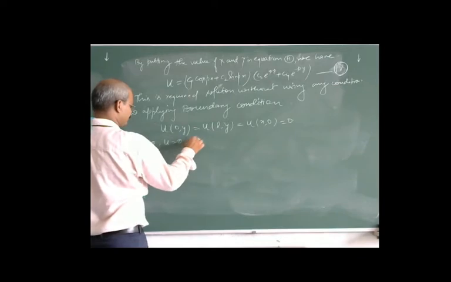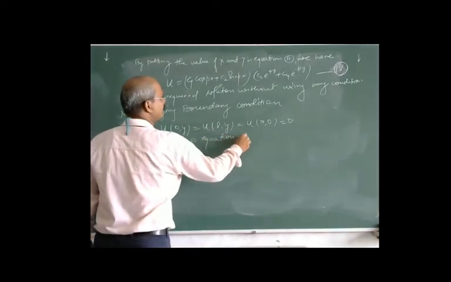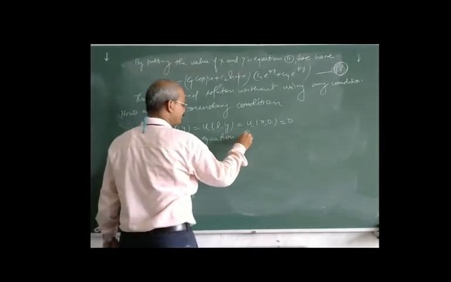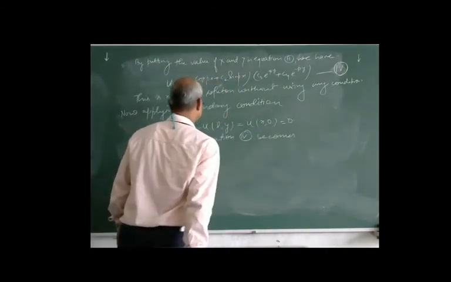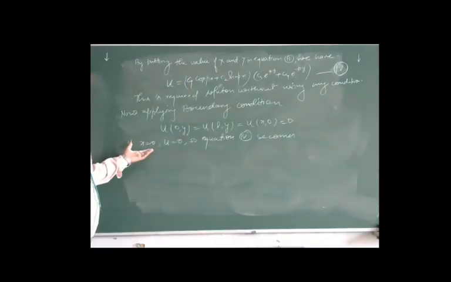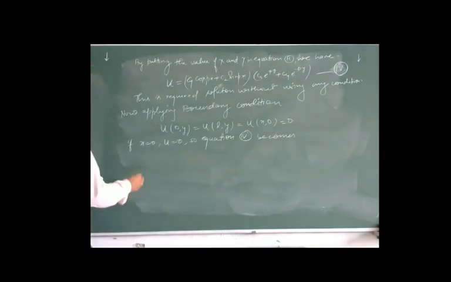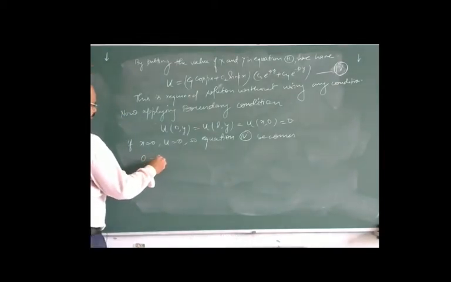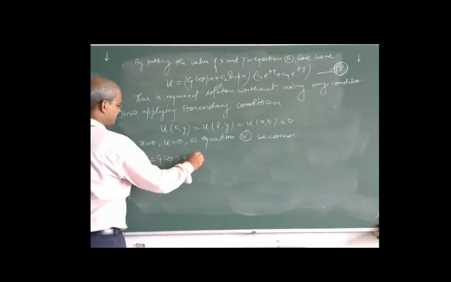So equation fourth becomes, see, x is equal to 0. So now I am going to use x is equal to 0 here. u becomes 0. So 0 is equal to C1 cos 0 plus C2 sin 0.